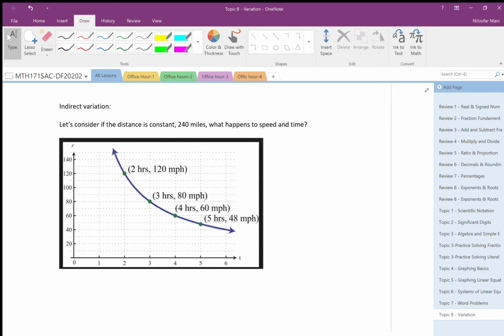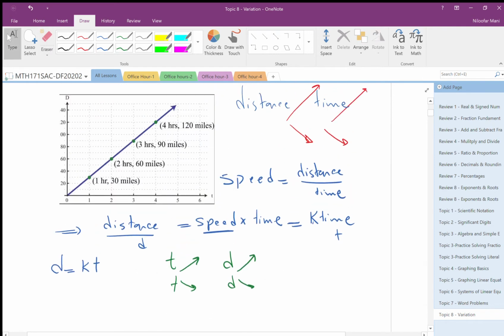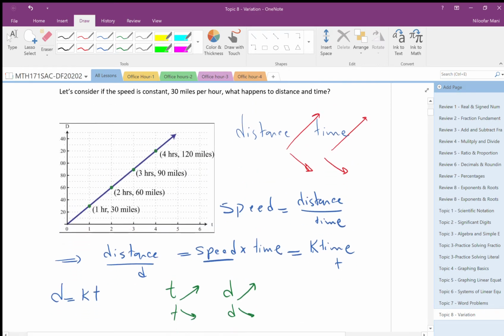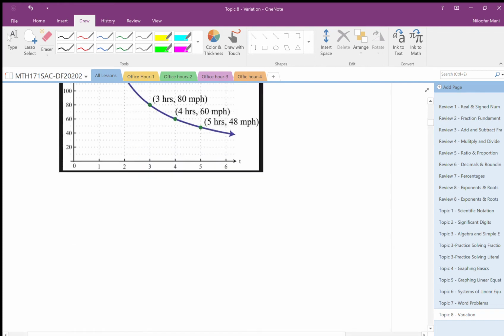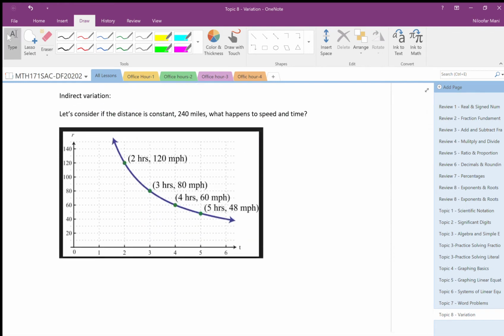So what do I have here? Here the distance is constant. So I just say speed and time.